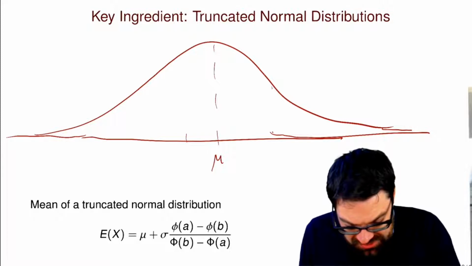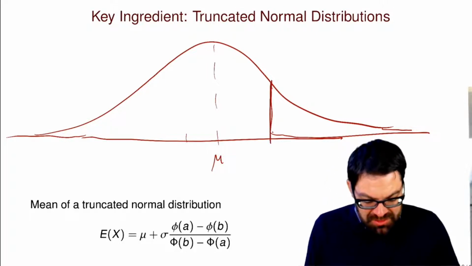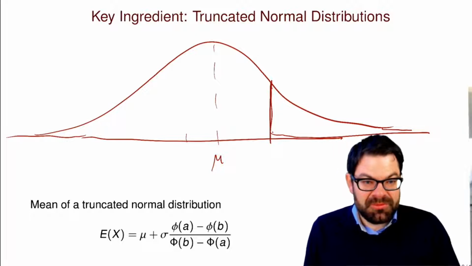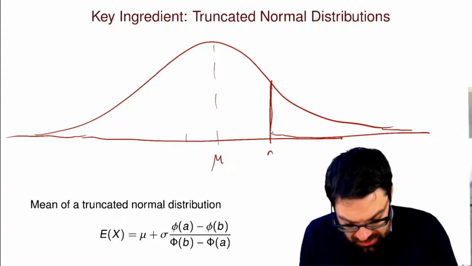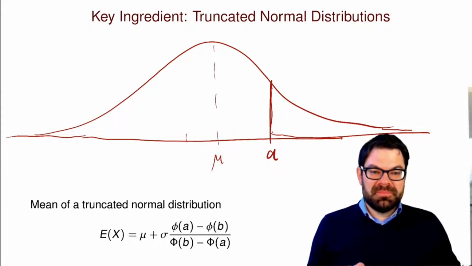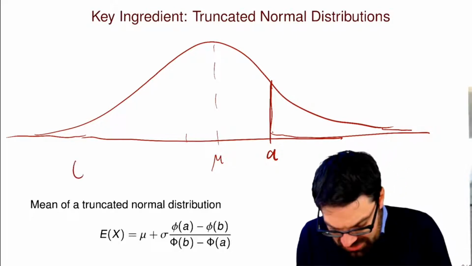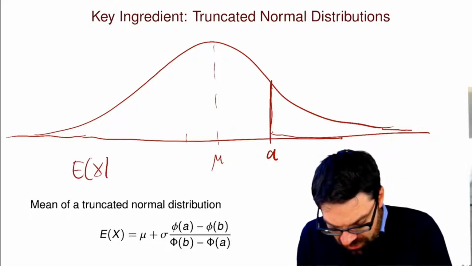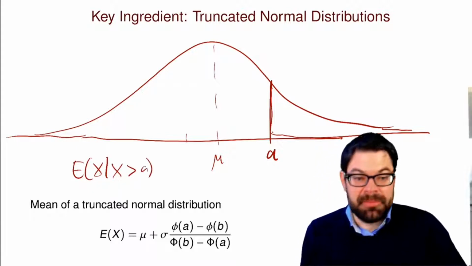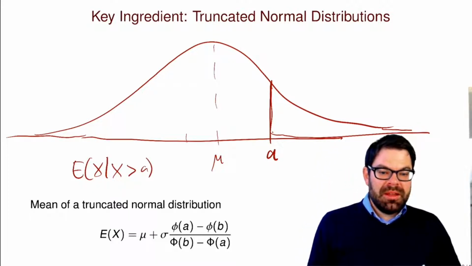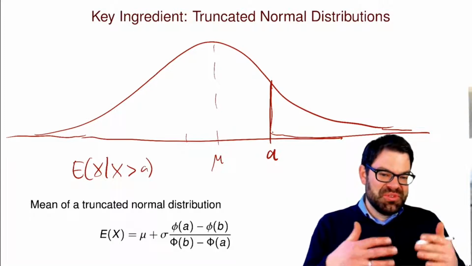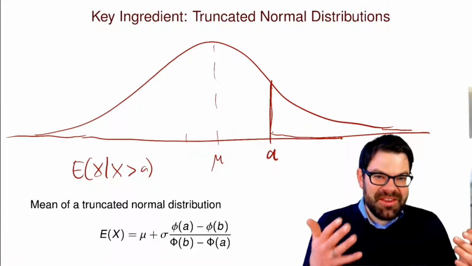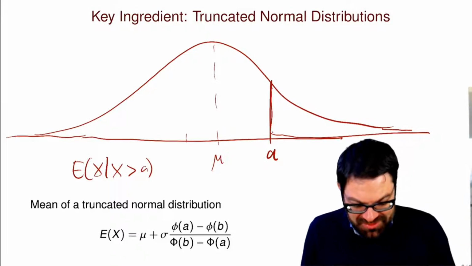And now what we do is, let's say we want to know the mean of x of that variable that underlies that distribution from A upwards. Okay, so we want to know what is the mean of x if x is greater than A. And now obviously we don't have two boundaries, we have just one, but we can use a trick. We can say, well, there is a second boundary that's just plus infinity, right?